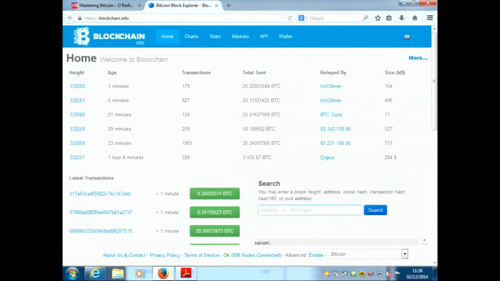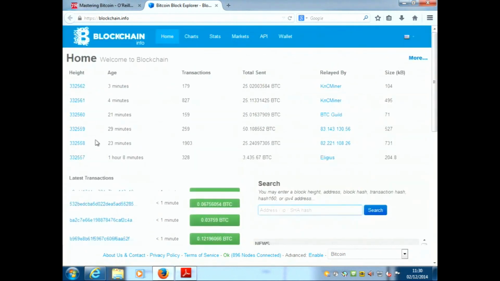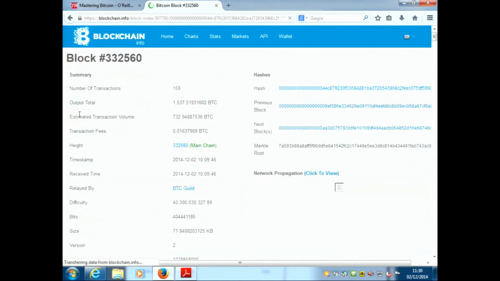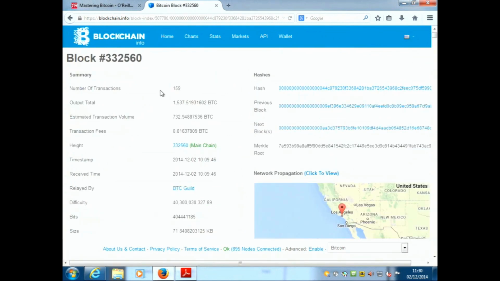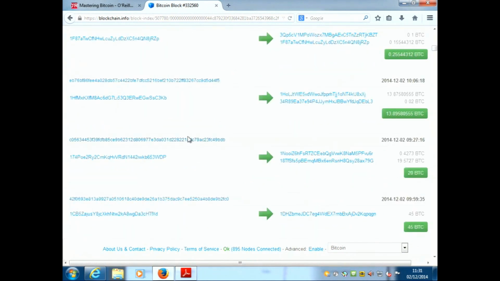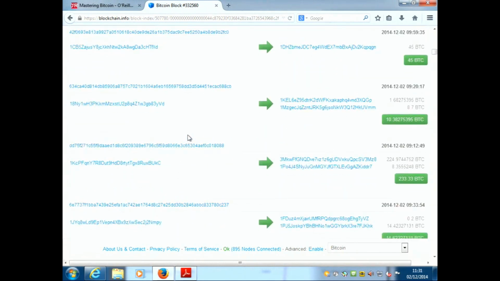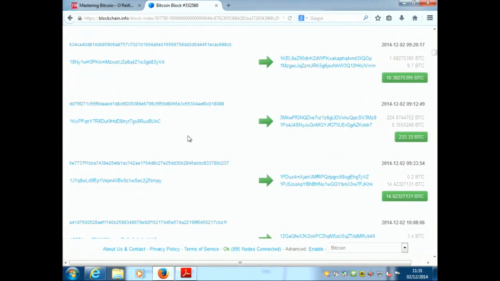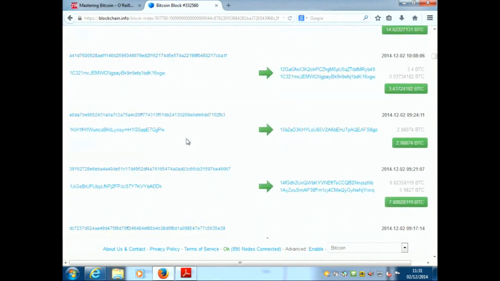Okay, so let's look at a transaction from a while ago. It's always dangerous when you just sort of pick one of these out, right?